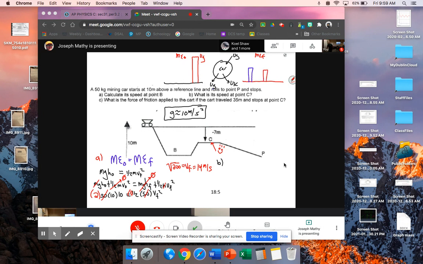We don't know which one's bigger, although it looks like it's going to have a little more gravity than kinetic energy. So I suppose I should have done it this way: a little more gravity final than kinetic energy.